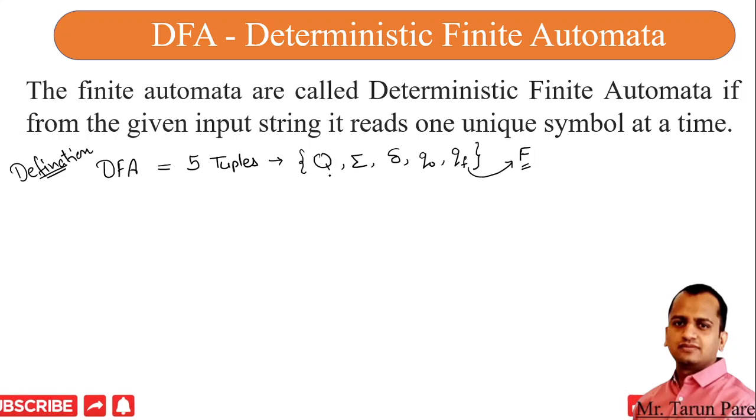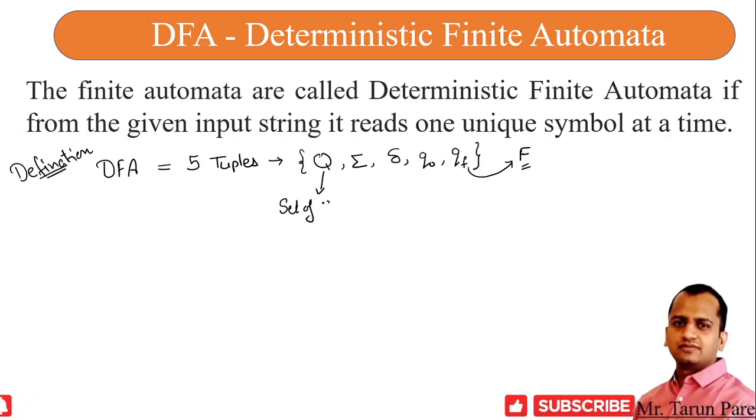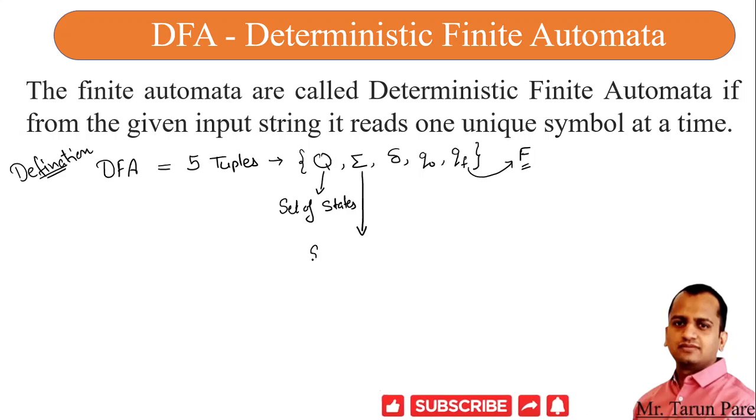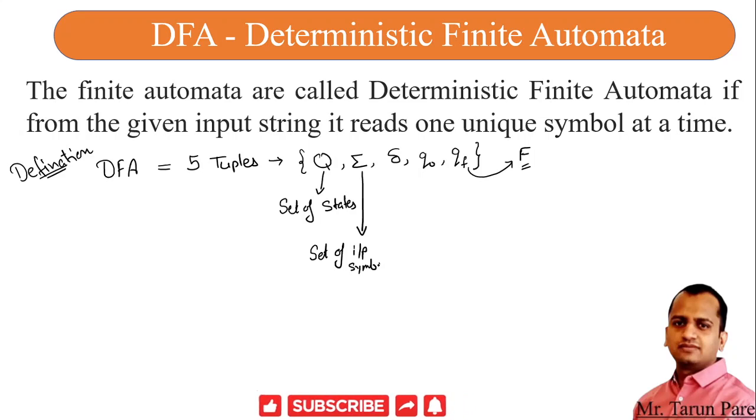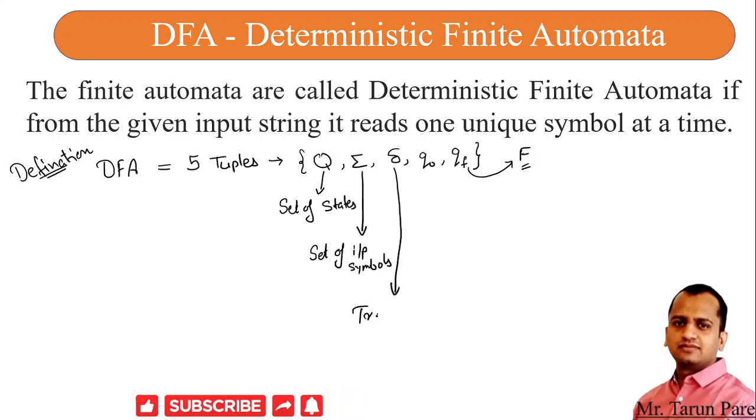So what is Q here? Q is the set of states. What is sigma here? Sigma here is the set of input symbols. Then what is delta here? Delta is the transition function.